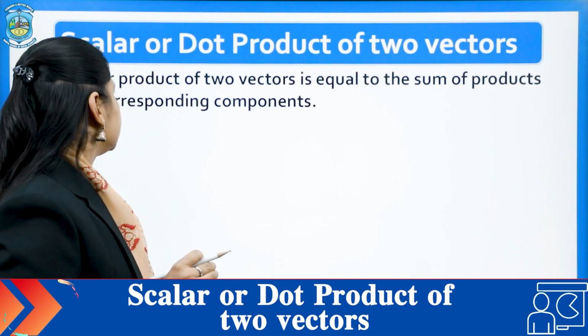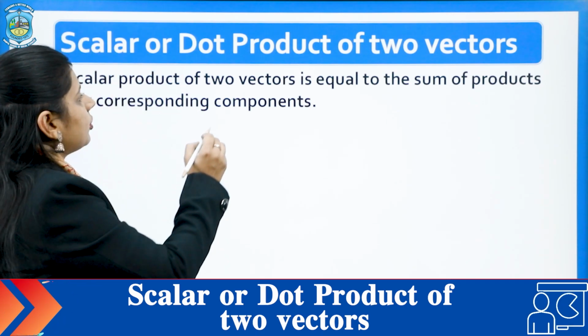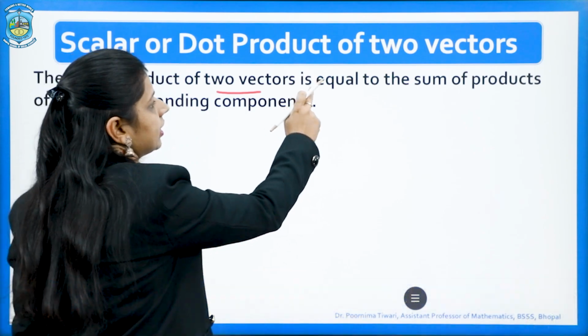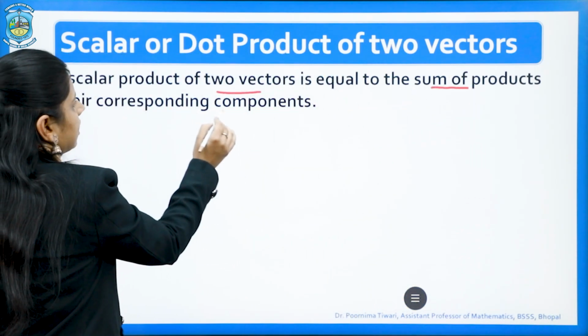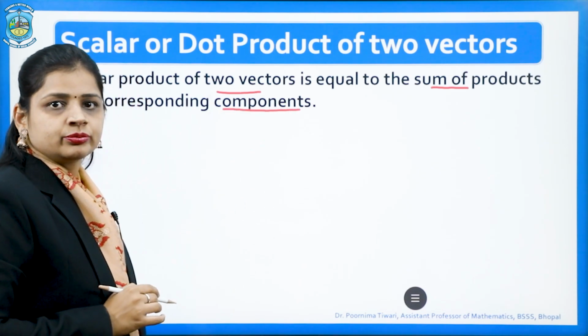It is given by the statement: the scalar product of two vectors is equal to the sum of products of their corresponding components.